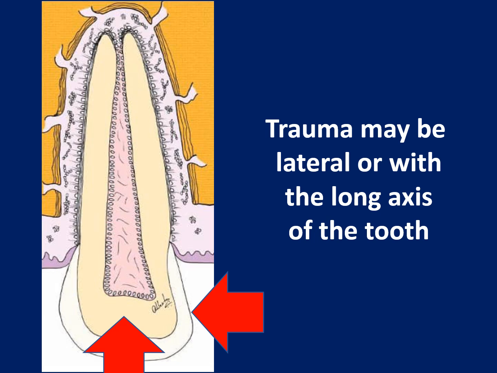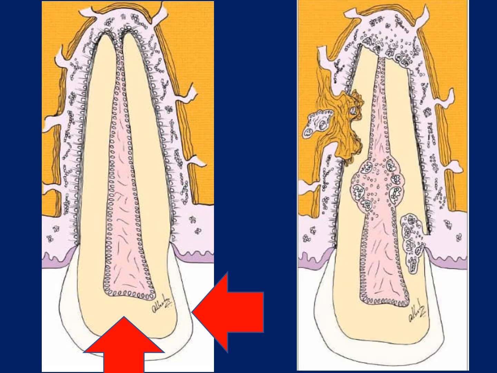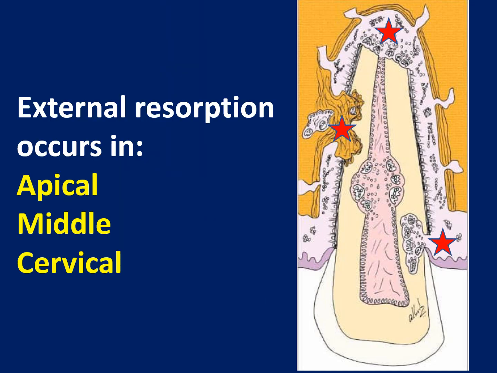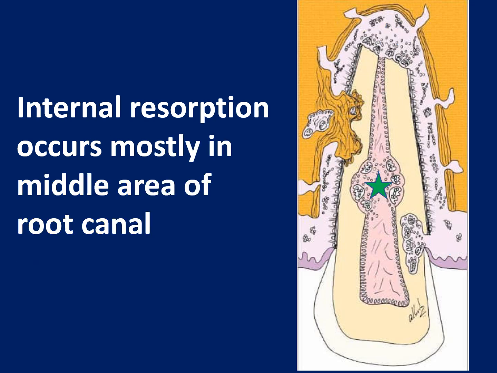Trauma may be lateral or with the long axis of the tooth. It may be laterally, apically, or coronally, as can be seen here. Internal resorption occurs mostly in the middle area of the root canal.